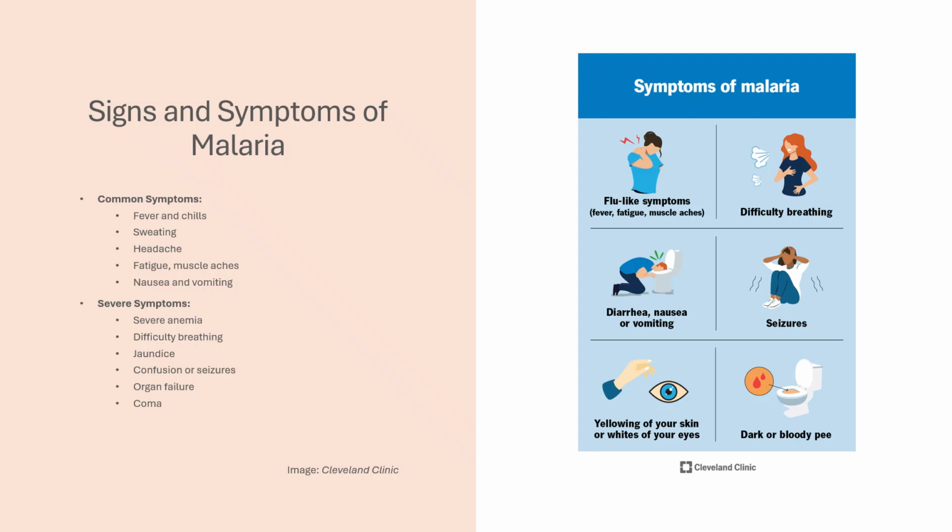Now, if malaria is not treated promptly, it can become much more severe. Patients may develop severe anemia, jaundice, seizures even, and if it gets really bad, even organ failure, coma, and obviously death can occur as well.